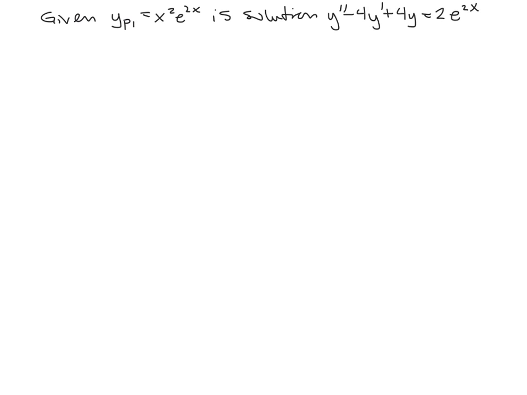I am going to give you that y sub p of 1 is equal to x squared e to the 2x, and I'm going to tell you that this is a solution to y double prime minus 4y prime plus 4y equal to 2e to the 2x, and that y sub p of 2, which is equal to x minus 2, is a solution to y double prime minus 4y prime plus 4y equal to 4x minus 12.